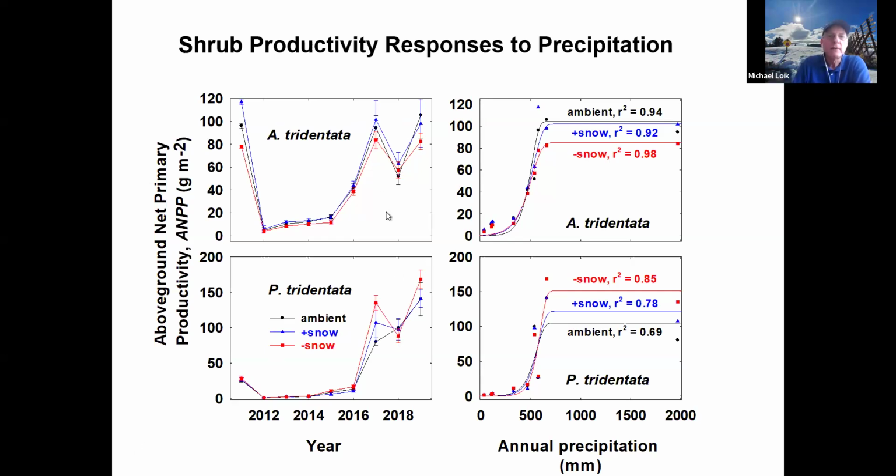So now if we take these data, and I should have pointed out, sorry, red, blue, and black are the results from the ambient snow depth plots upwind of the snow fences. You can see the snow fence in the image behind me. The plus snow plots are 13 meters downwind of those fences. And then the minus snow plots, they are 70 meters downwind of the fence.